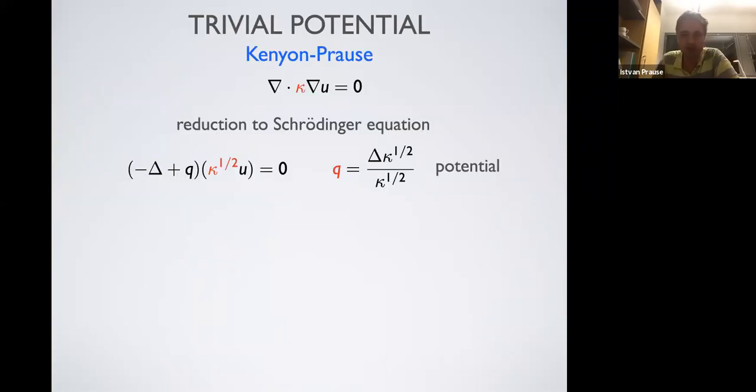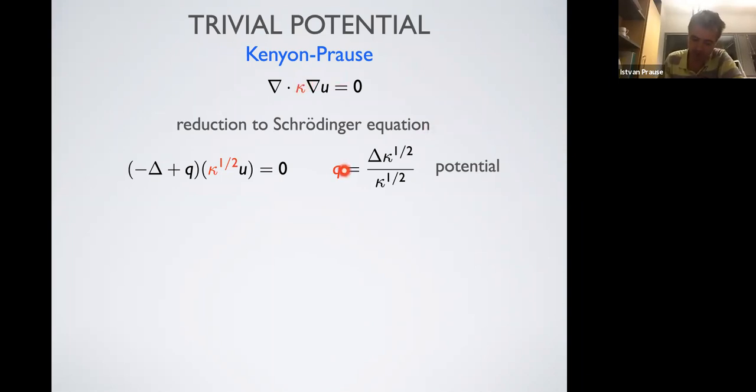Before going to the 5-vertex model, let me just make a definition. We have seen that in general we have this kappa-harmonic dependence. One way to study kappa-harmonic functions is, instead of looking directly at them, to reduce to the Schrödinger equation.